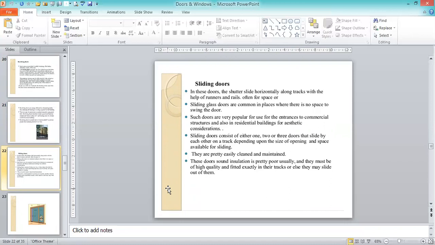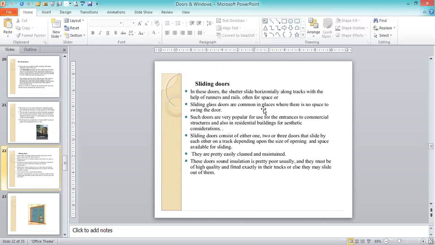We use sliding doors where space is restricted.